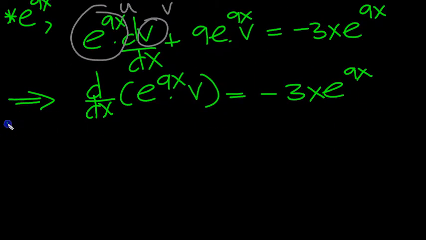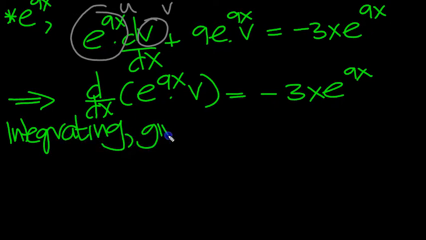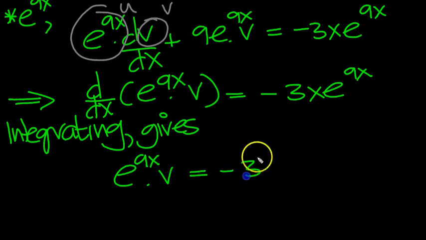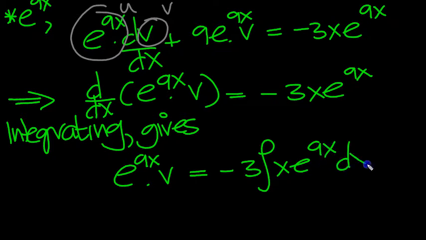So integrating gives, the integral of the left is just simply e to the 9x times v, and the integral of the right, minus 3 lots of the integral of x e to the 9x dx.